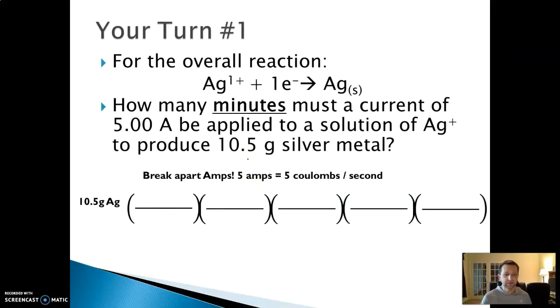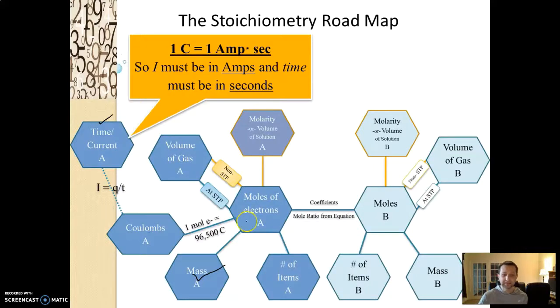You just work your way backwards. Cancel out grams of silver and go to moles of silver. So 107.87 from our periodic table. Now remember, you have to go from moles of silver into moles of electrons. So that's kind of like implied here. There's a spot right here where you go from moles or mass of silver into moles of silver, right?